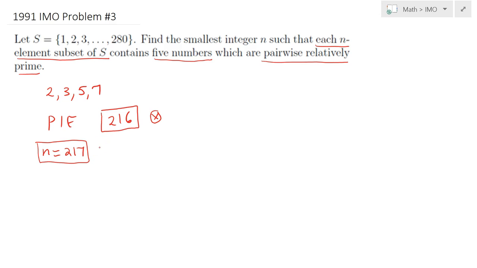In fact, it is possible, if n is equal to 217, to find 5 pairwise relatively prime numbers from among all 217 element subsets of S. Okay, so for this, consider the following Venn diagram.